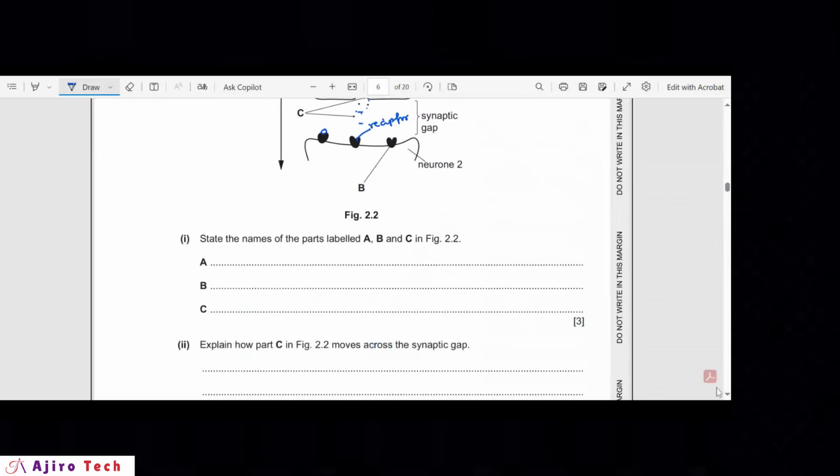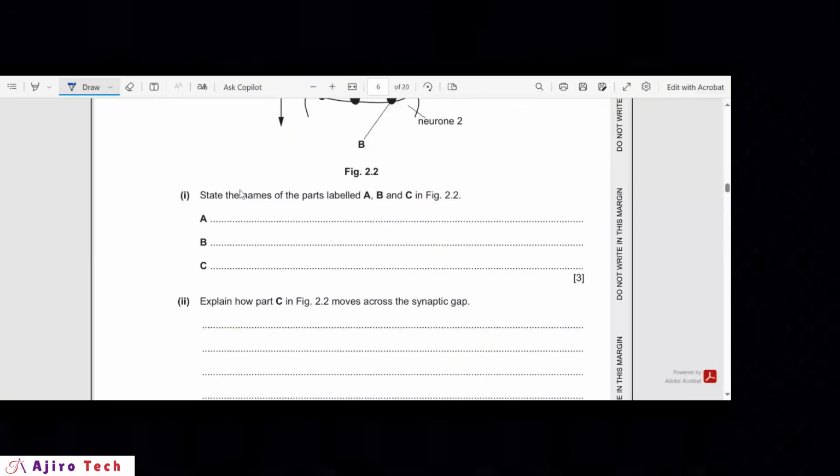So A is the vesicle, which contains the neurotransmitter. B is the receptor protein, and then we have the neurotransmitter. A very common neurotransmitter is acetylcholine.